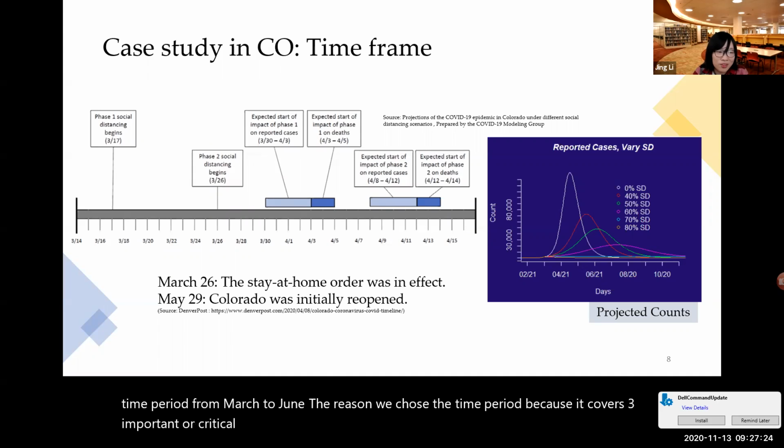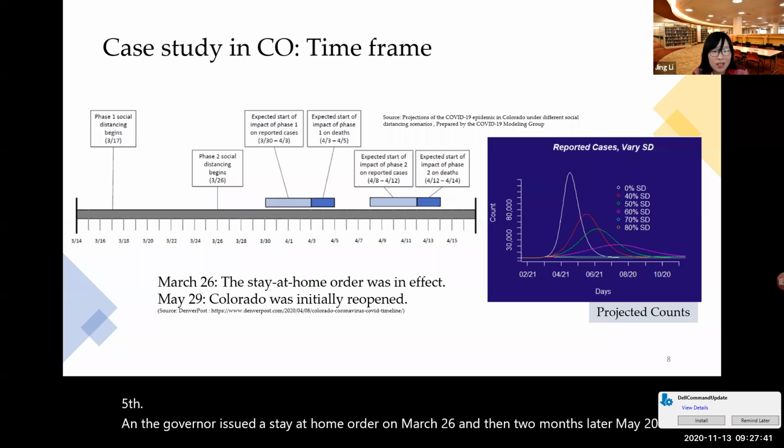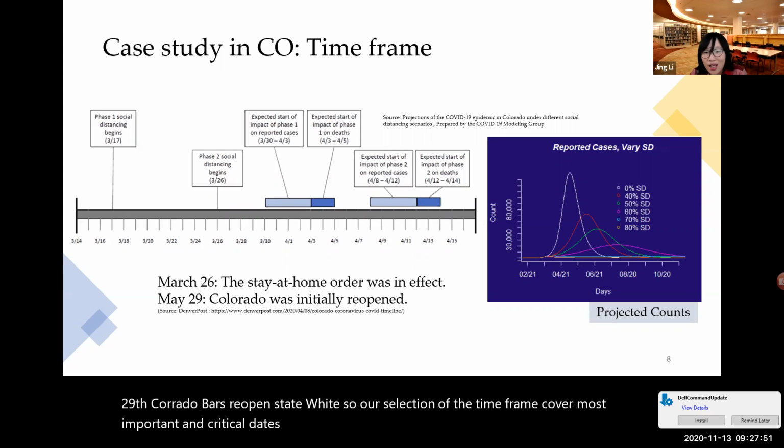In Colorado, we observed the first confirmed COVID case on March 5th, and the governor issued the stay-at-home order on March 26th. And then 2 months later, May 29th, Colorado was reopened statewide. So our selection of the time frame covers the most important and critical dates related to the pandemic.